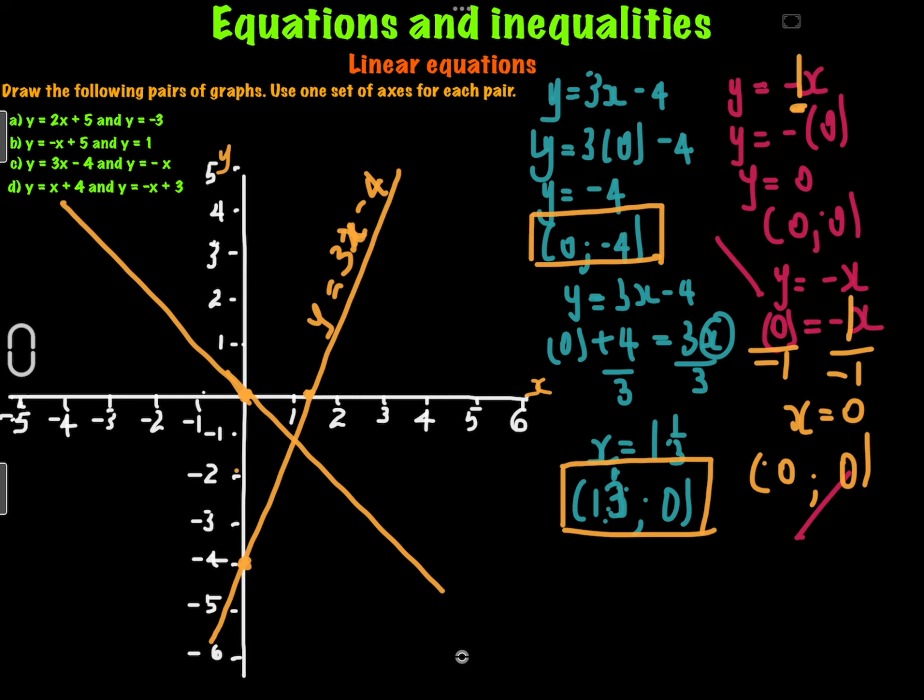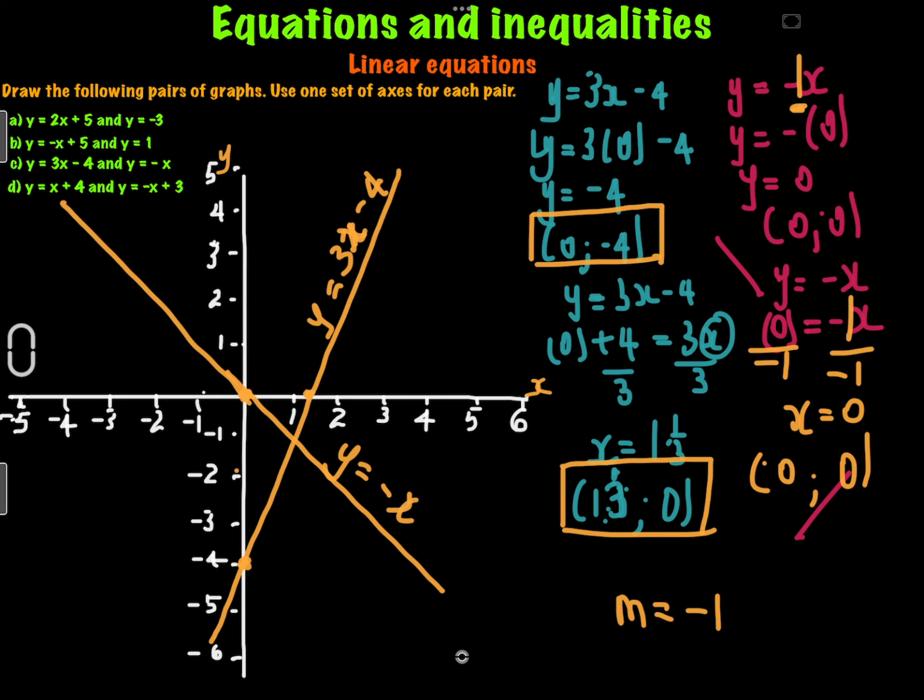Like I said, on the graph, when you look at the gradient in this case, it's just simply negative 1. Since m is equals to negative 1, the graph will be on a slanting angle from left to right. In other words, this is the graph of y is equals to negative x.